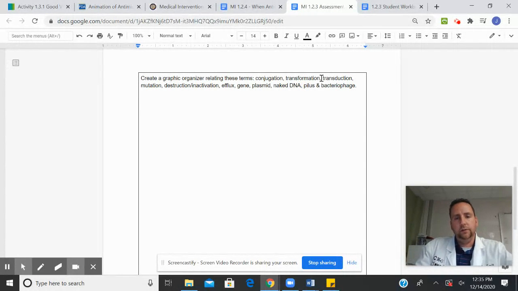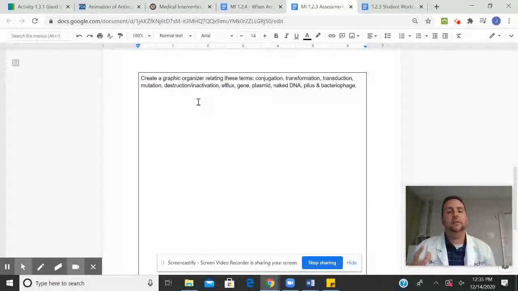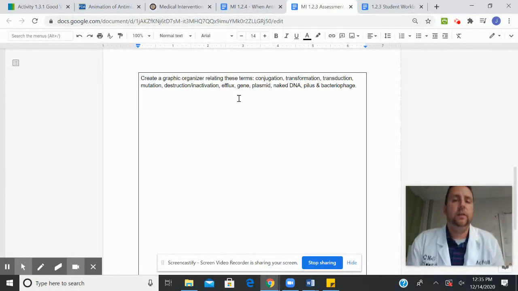Make a graphic organizer relating the terms you see here: the 3 types of gene transfer, the 3 types of antibiotic resistance methods, as well as some other terms like gene, plasmid, naked DNA, pilus, bacteriophage. So basically, you're summarizing those 3 processes and the 3 ways that bacteria become resistant to antibiotics. All right, so we'll work on that in class as well.